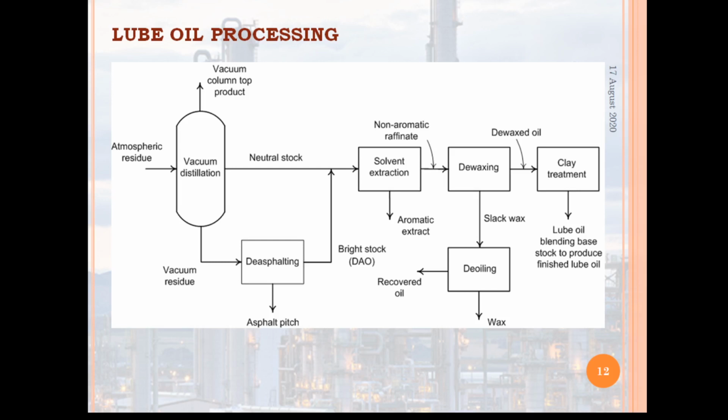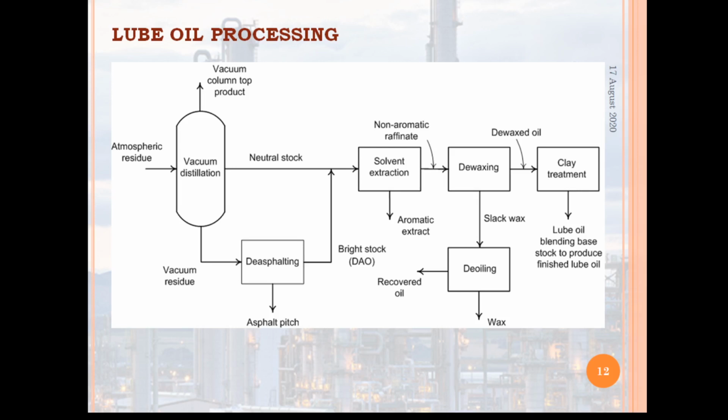The vacuum residuum contains the asphaltenes and some parts of the resins also. So the heavier part, the asphalt, which is required for roof constructions, we need to separate from the vacuum residue.